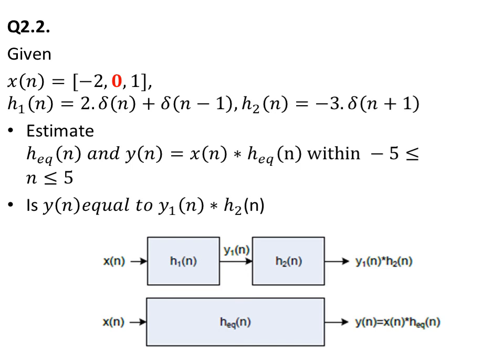Then you will convolve H1n with H2n, then you will find HEQn, right? Then you will find the output of HEQn by convolving Xn with HEQn. Then you can find out whether the two results are equal or not, right? So it will be shown graphically. Therefore you have to draw that, okay?